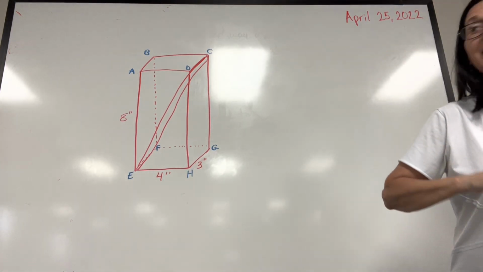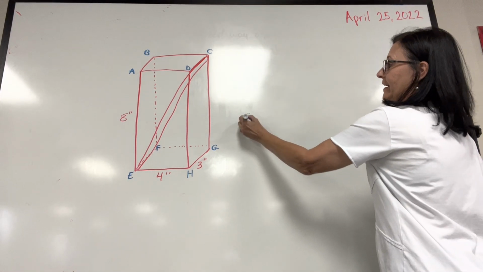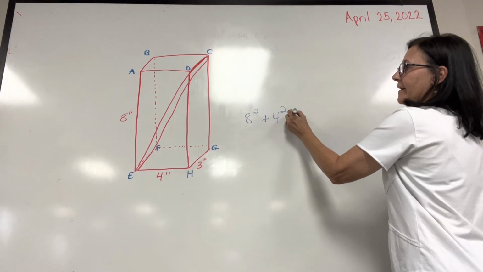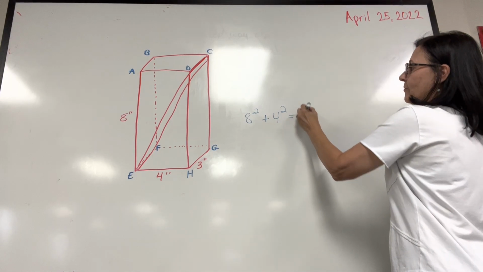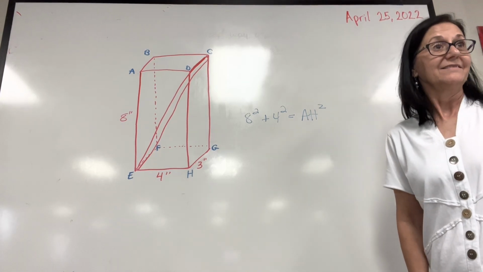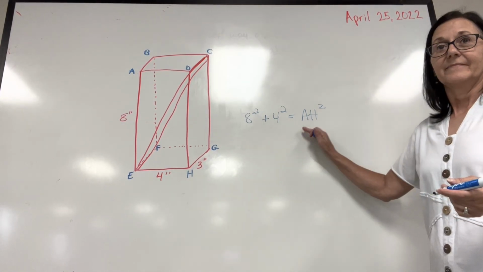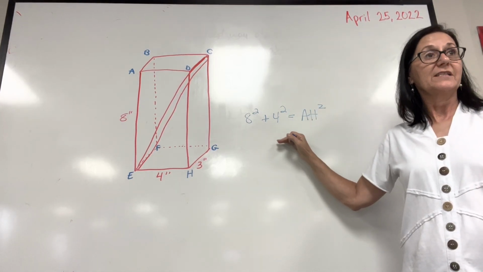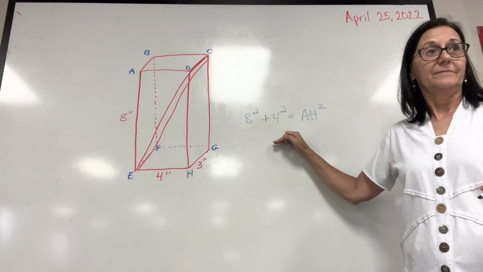So 8 squared plus 4 squared equals AH squared. Exactly. That's when you have opposite vertices on the same plane.